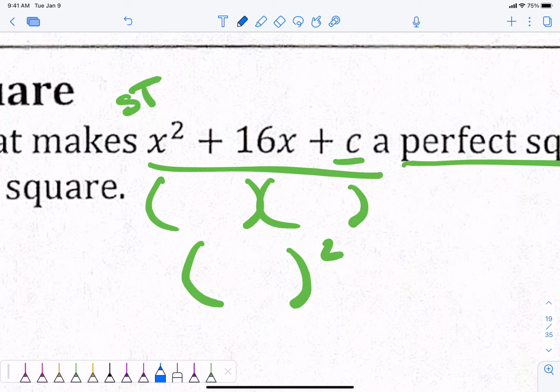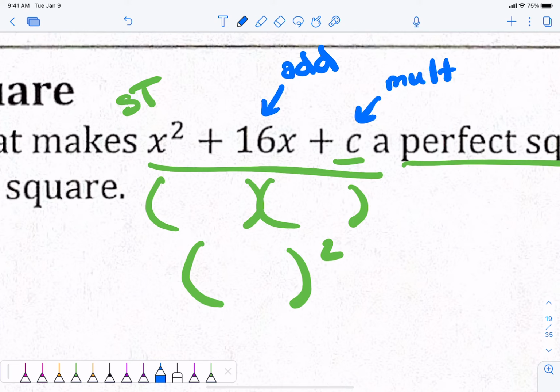So I don't know what this number C is, but I do know that the two numbers have to multiply to give me C, but when I add them, give me 16. Now, there are many combinations that will add together to give you 16, like 1 and 15, or 2 and 14, or 3 and 13, but what I want to have happen is those two numbers must be the same number.